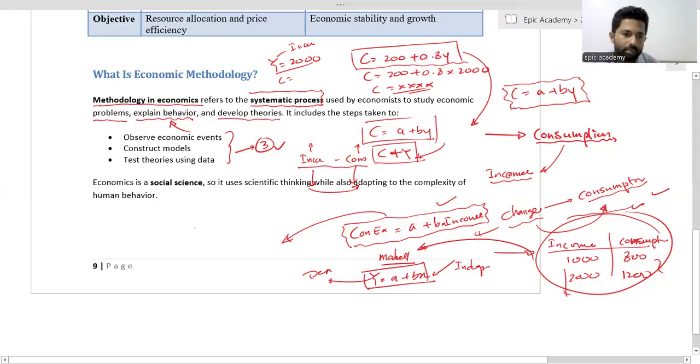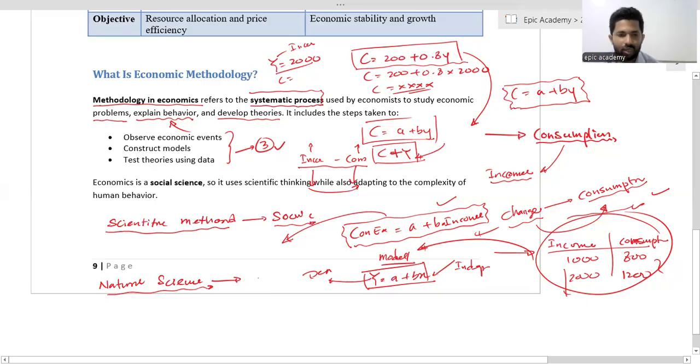Using the scientific methodology in the social sciences will be very difficult, because in natural sciences, you can create a condition.